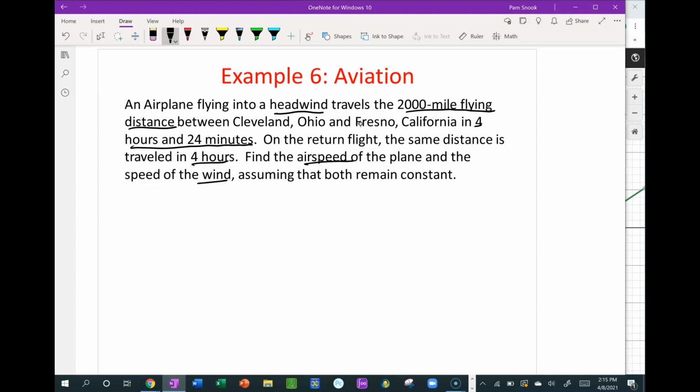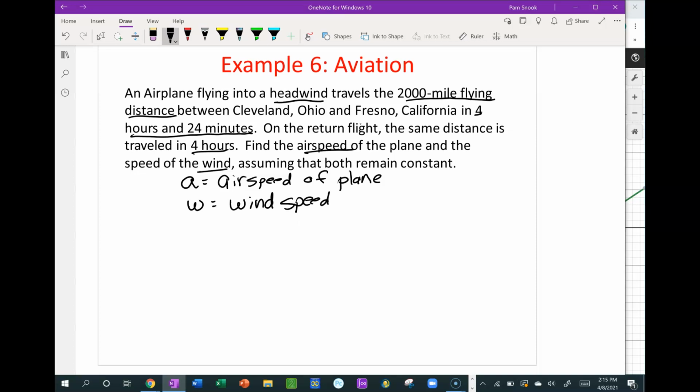So the first thing I'm going to do is define some variables. A is going to be the airspeed of the plane. W is going to be the speed of the wind. Now I've got two situations, and I'm going to write an equation for each one.